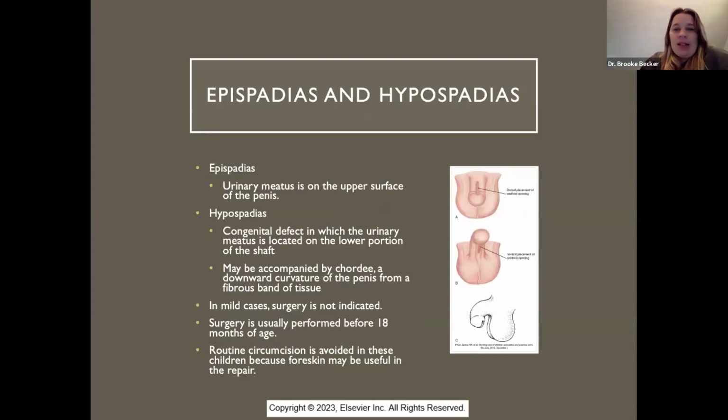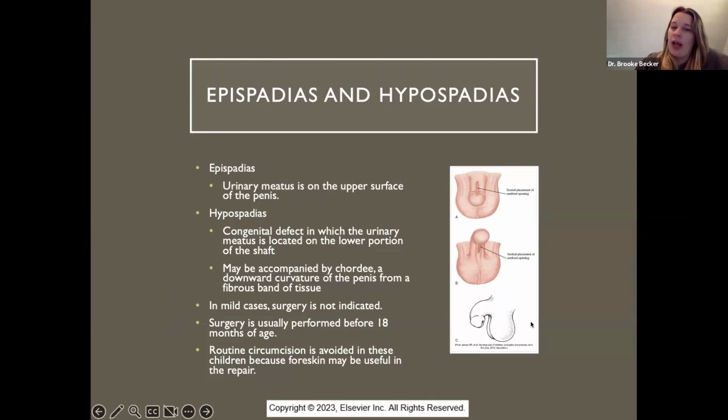Epispadias and hypospadias. So epispadias is when the urinary meatus, or opening, is on the upper surface of the penis, so on the top side. Hypospadias is when the urinary meatus, the opening, is on the bottom or the underside of the penis. Okay.